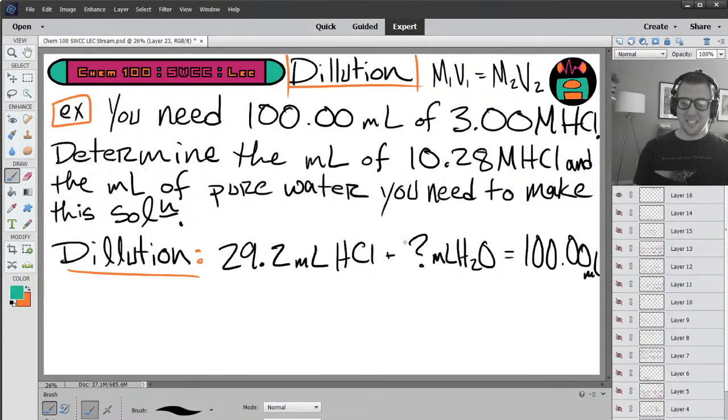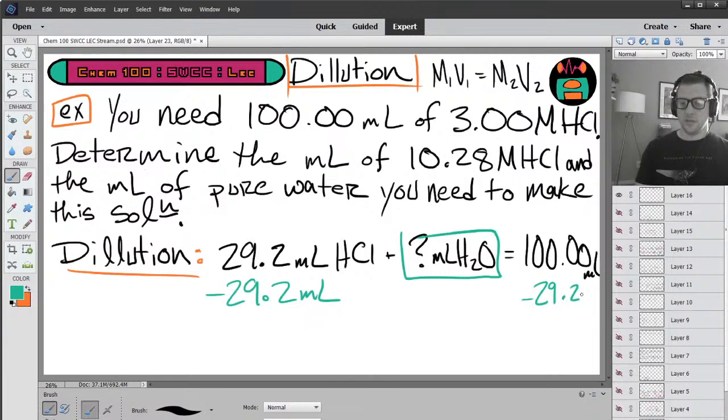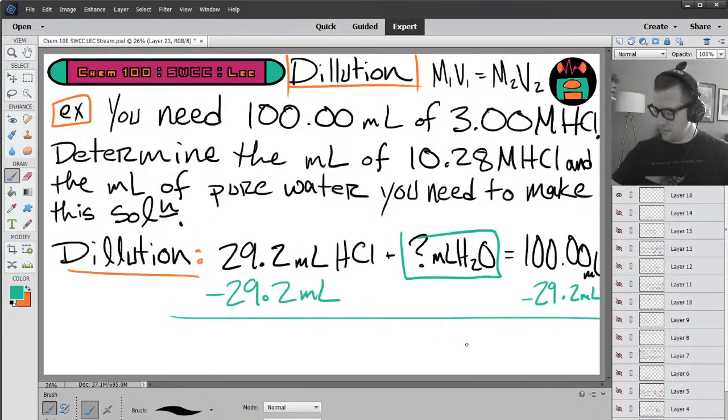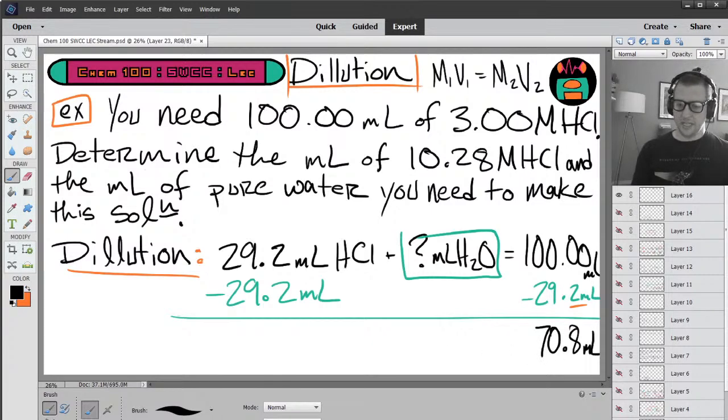So how do you find the milliliters of water? Well, subtract 29.2 milliliters from both sides of this equation. 100 minus 29.2 comes out to be, let's see, we gotta round to the first decimal place here, 70.8 milliliters.